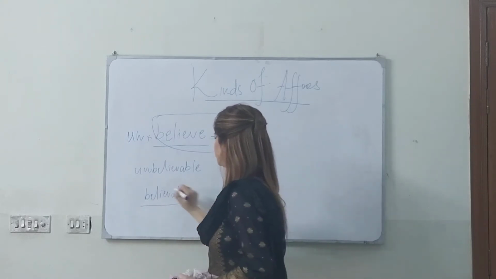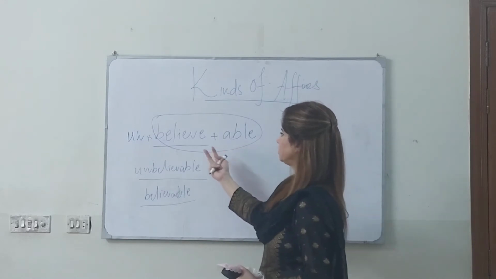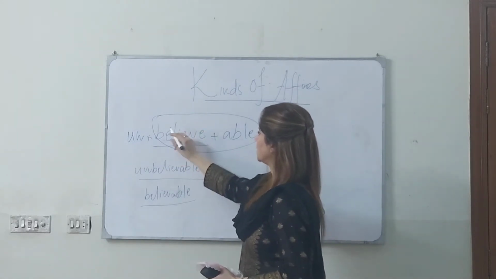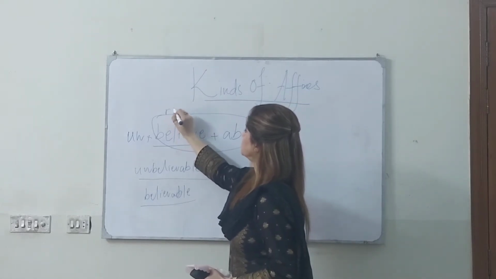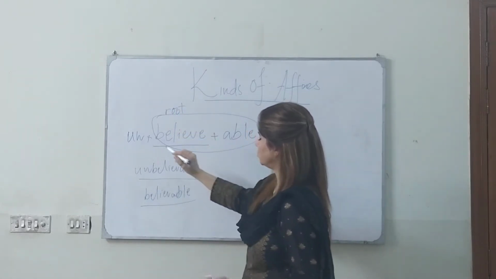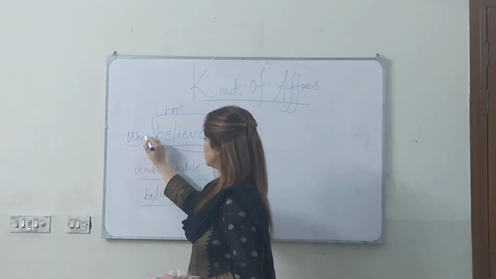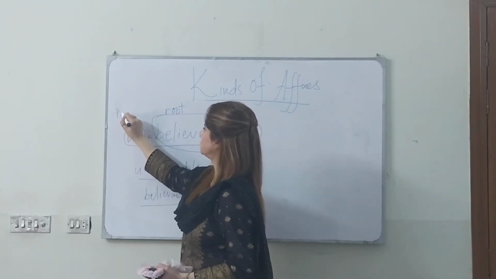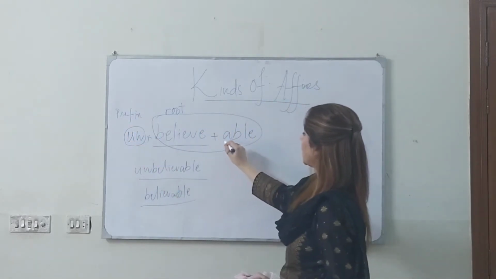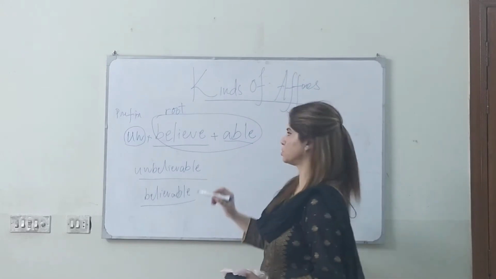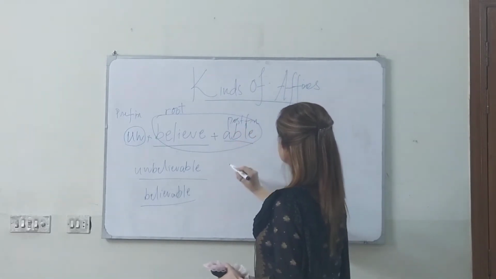What we have done so far is put two tiny attachments on the base form believe. So believe is the root word or the base word. We have put un in front of it, before it, so it will be called prefix, and able at the end, so it will be postfix, most commonly known as suffix.